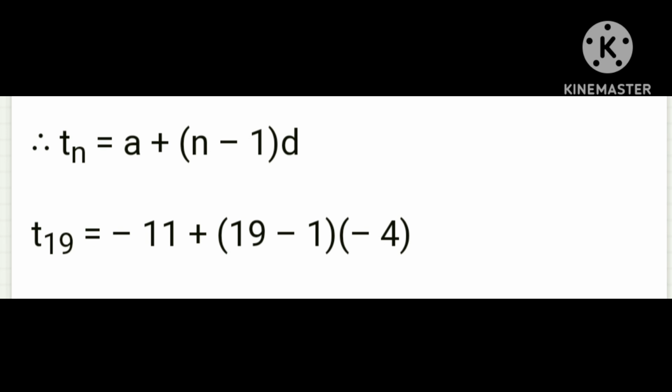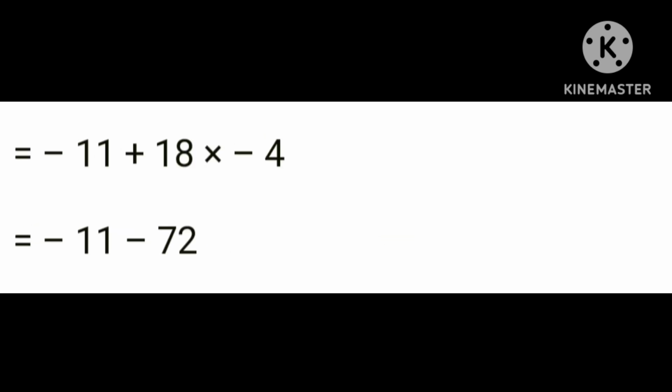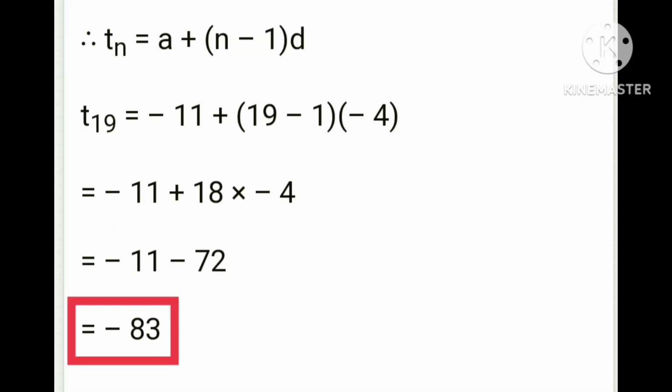Making calculations, 19 minus 1 is 18, into minus 4. The product of 18 and minus 4 is minus 72. Hence, the next step becomes minus 11 minus 72, and that is minus 83. Hence, the 19th term of the given AP is minus 83, which is found by using the formula.